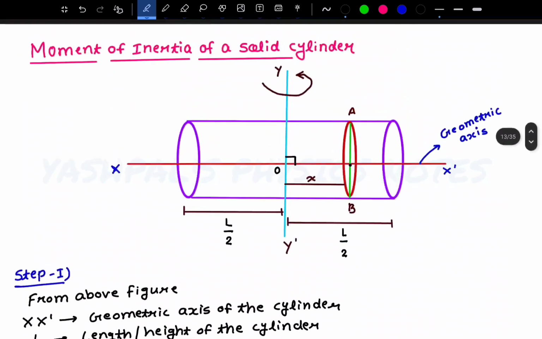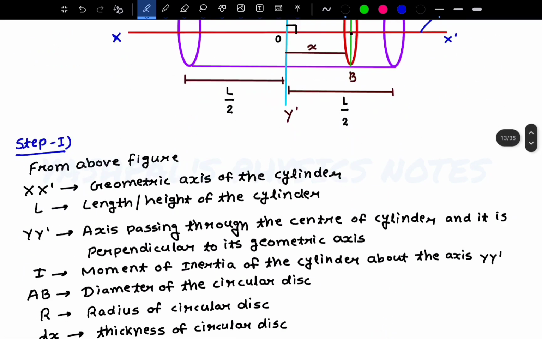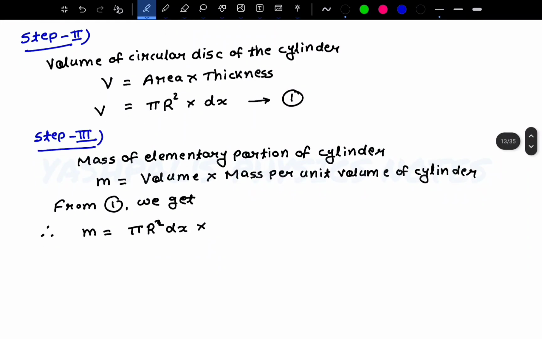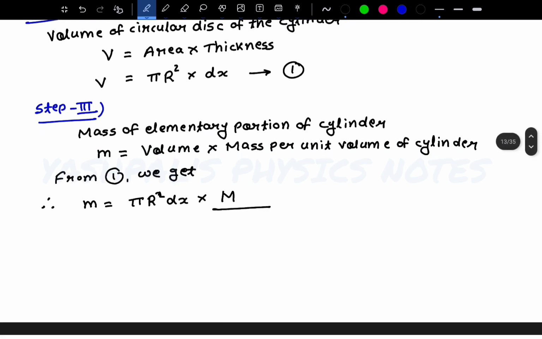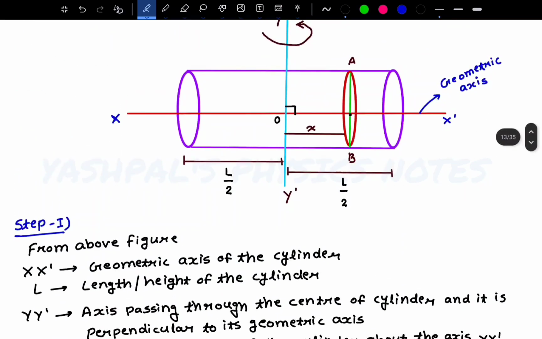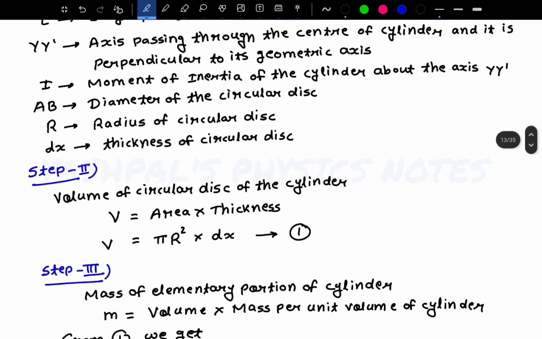Now I am considering capital M as the total mass of this solid cylinder. So capital M is the total mass of this cylinder per unit volume of the cylinder upon, now we know the volume of the cylinder is nothing but pi r square L, where L is the length or height of this cylinder.